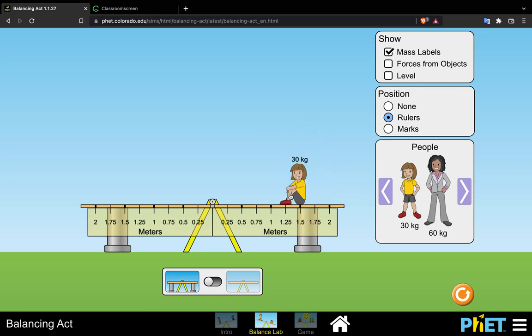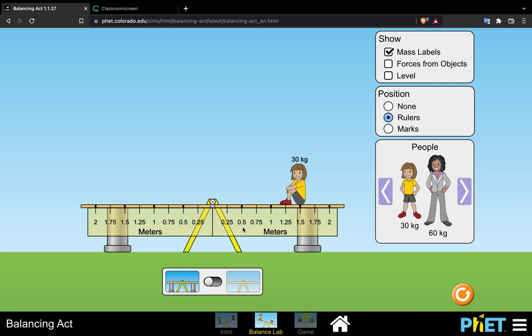For some reason the kid just wants to go down. Although her mom is heavier, the kid wants to go down. So what is the least distance from the pivot that her mom will go to make the kid go down?